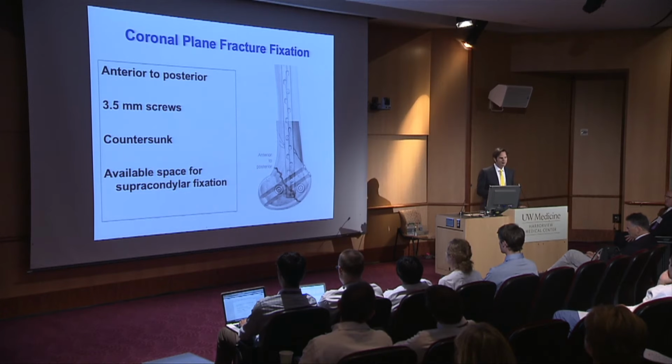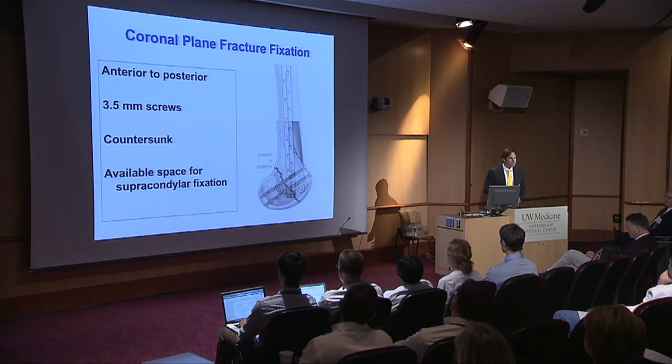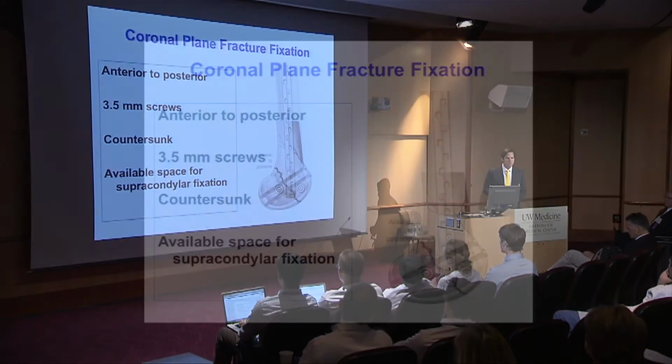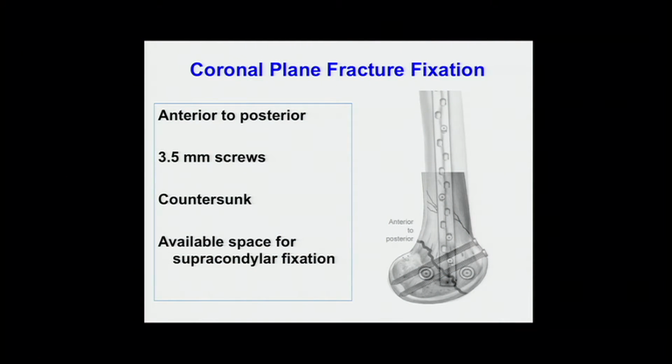And the reason that we do tend to use smaller implants, even though we know larger implants are biomechanically stronger, is we typically have to leave some available real estate for other forms of fracture fixation to fix the associated injuries at the distal femur. And so that's why we've typically gone to 2 countersunk 3.5 millimeter screws placed from anterior to posterior for simple fracture patterns. And then as the complexity increases, so will the implants.